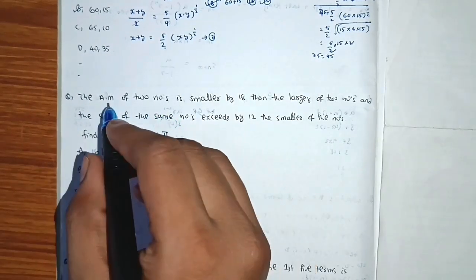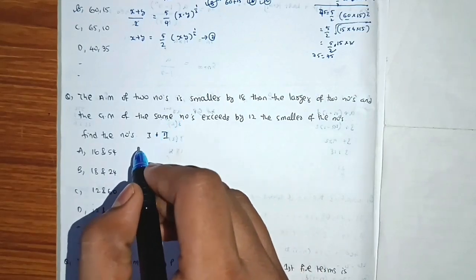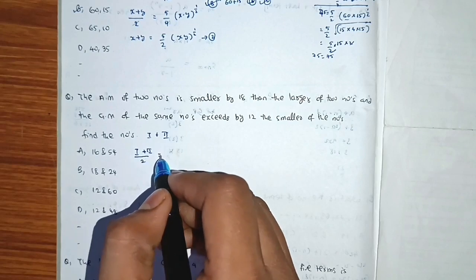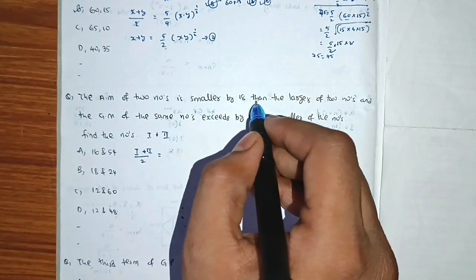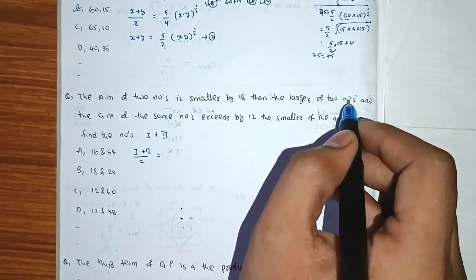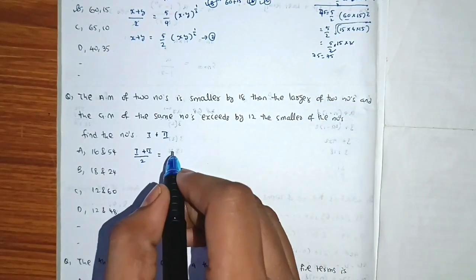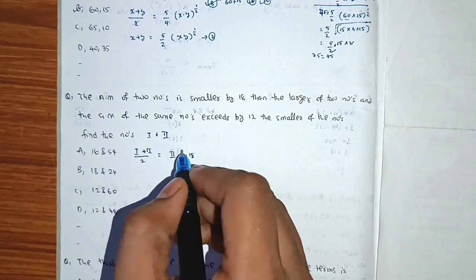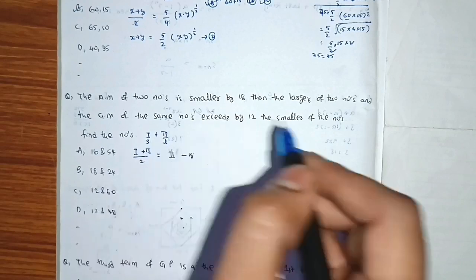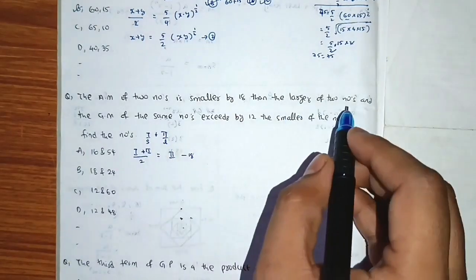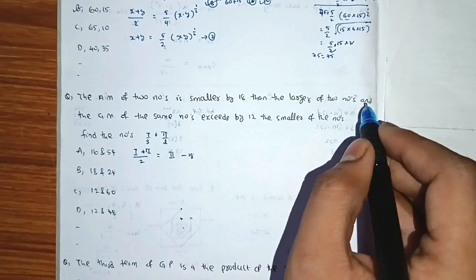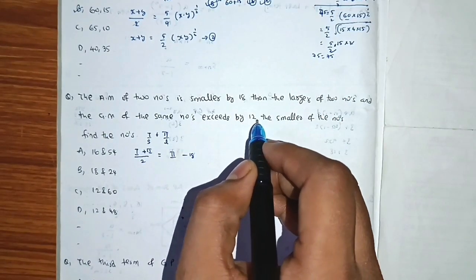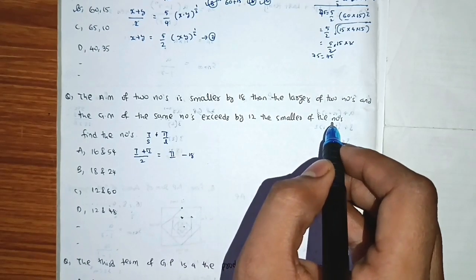He gave the hint that the arithmetic mean of the two numbers, (1 plus 2) by 2, equals the larger number minus 18. Let it be a larger number and a smaller number. This is the meaning of this condition.